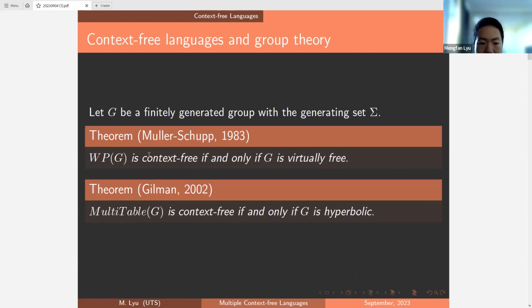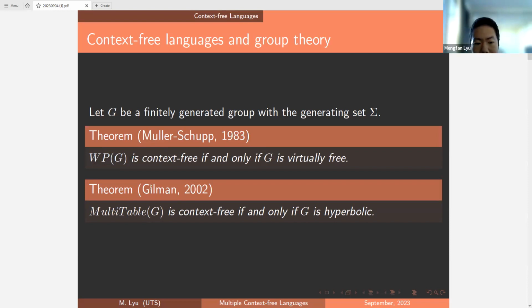The first one tells us that the word problem of a group is context-free if and only if the group itself is virtually free.